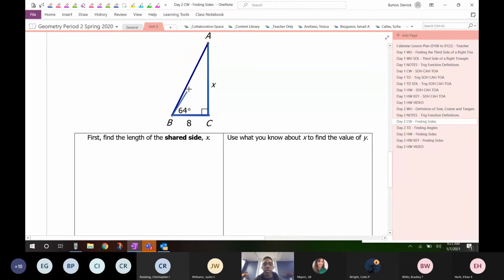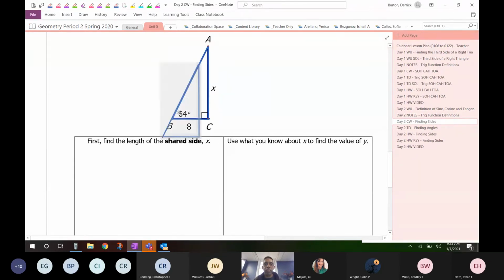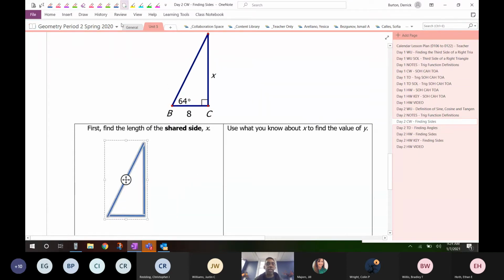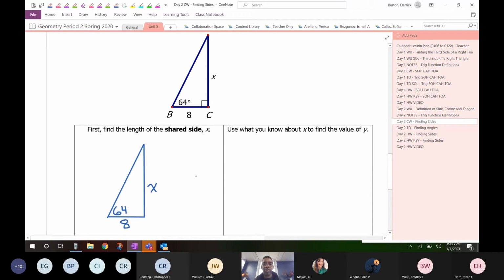So here is the triangle on the left. Now I'm going to select it. Here is a copy of the triangle on the left, and you can see that we have the x right here, the 8 down here, we have the 64 right here. So I have a nice copy of that triangle.